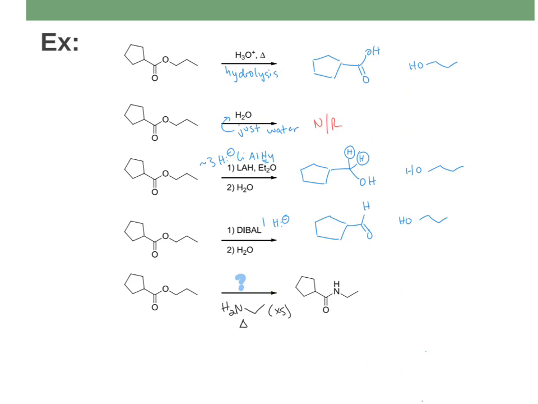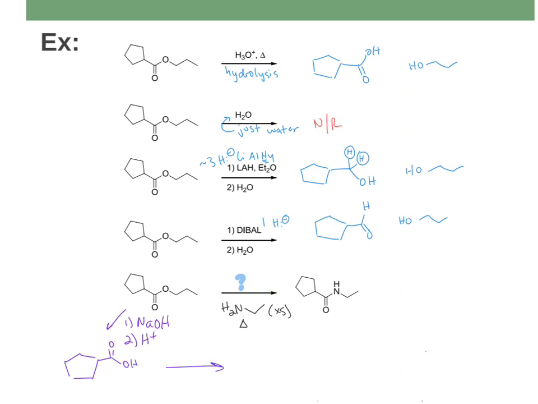What might be easier to do, but a lot more steps, is to take this and hydrolyze it with, let's do my favorite one, the base-mediated. So step 1, add hydroxide. Step 2, add acid, so that I turn this into the carboxylic acid.